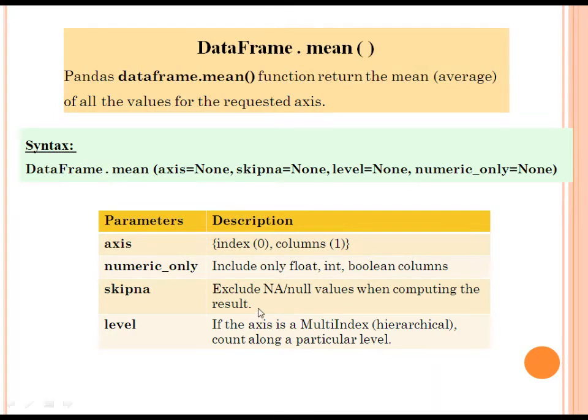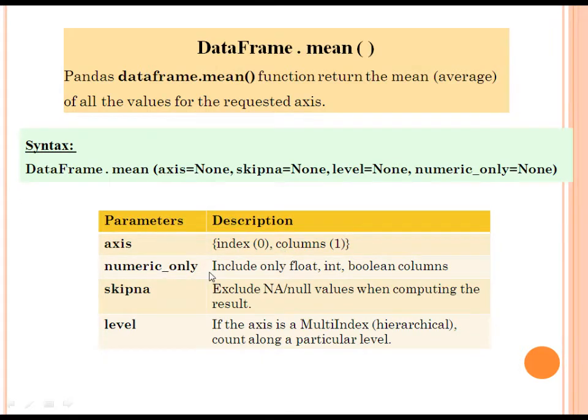In Pandas, mean has 4 parameters: axis, skipna, level and numeric_only. This is the same as the aggregate methods' parameters. The axis parameter is used to give the axis of the data frame, either 0 or 1.